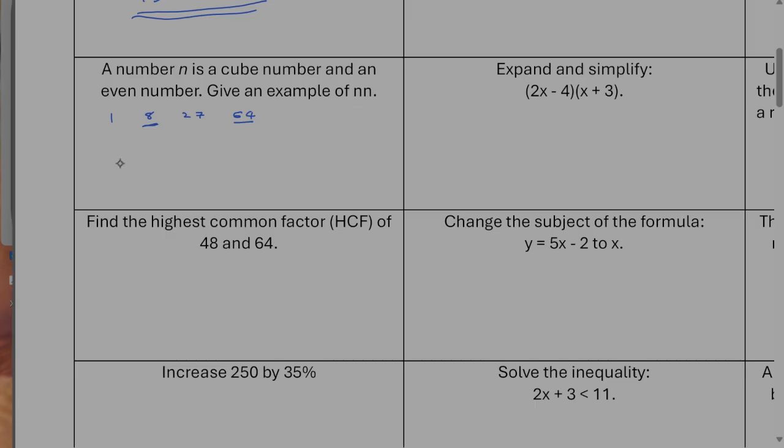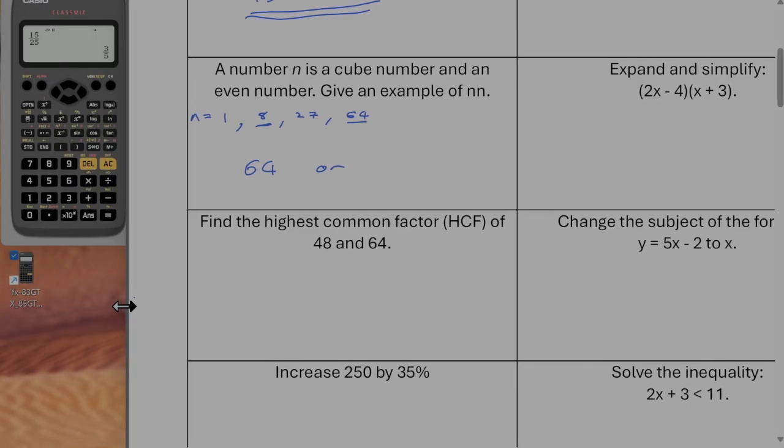Give an example of n times n. So I'm going to say that if n is equal to 8, then 8 times 8 would be 64. We'll give the other version then. So we could do 64 cubed as well. This is a calculator practice, so we can use our calculator.